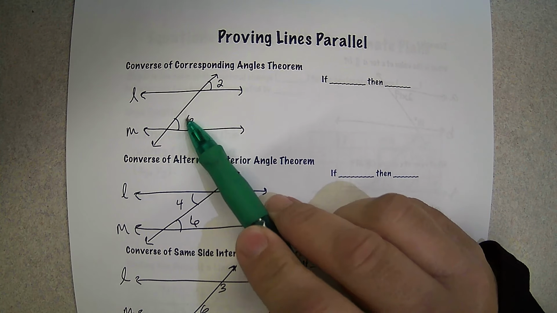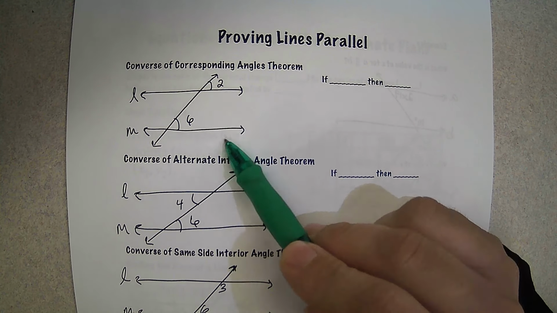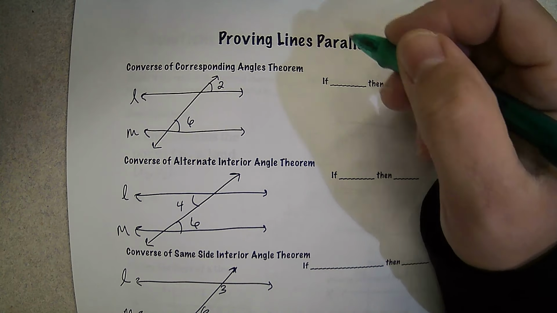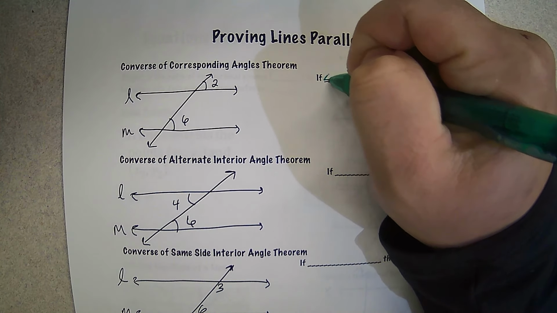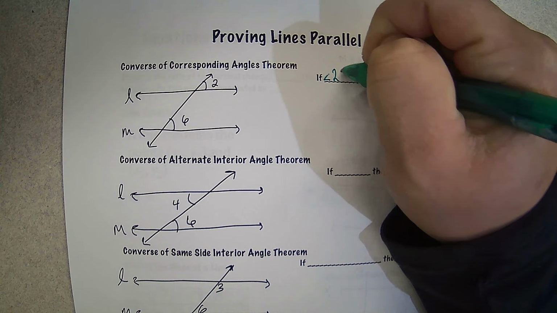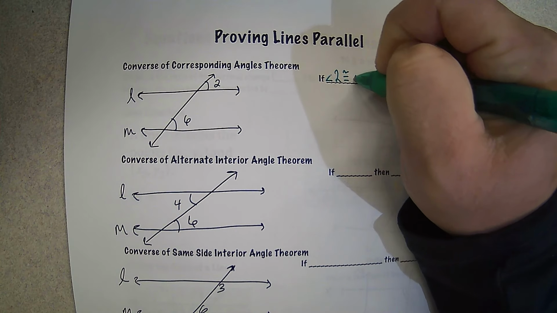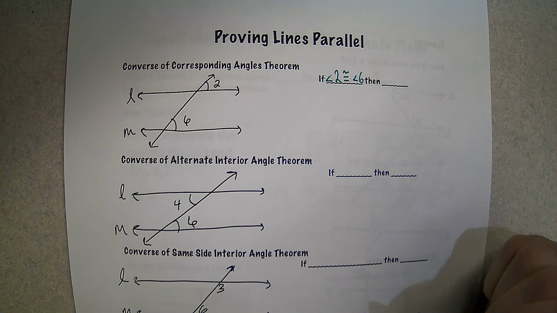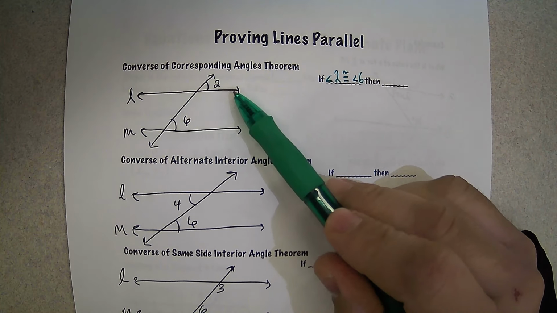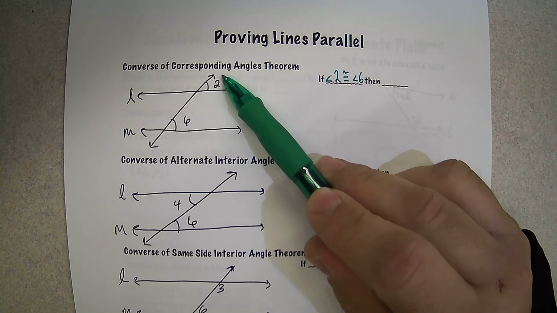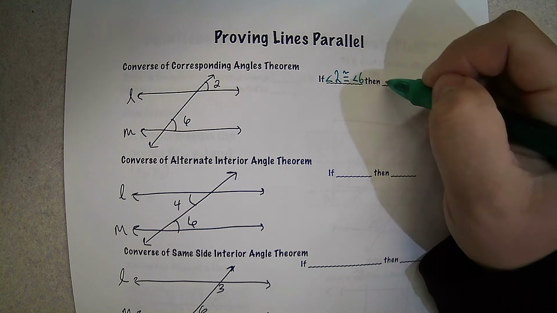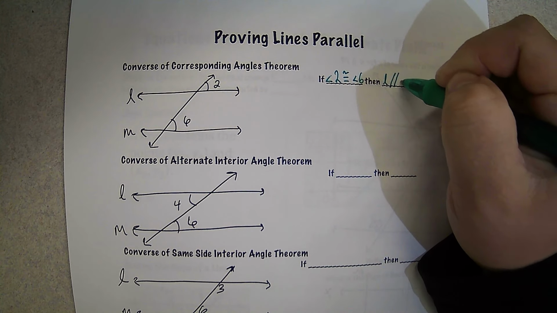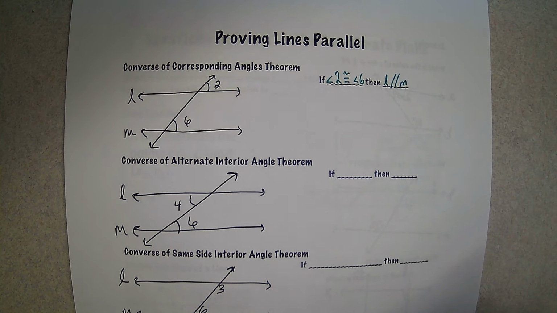If they are congruent, then that's going to tell us that these two lines are parallel. So if angle 2 is congruent to angle 6, if those are the same angle measures, then line L is going to be parallel to line M.